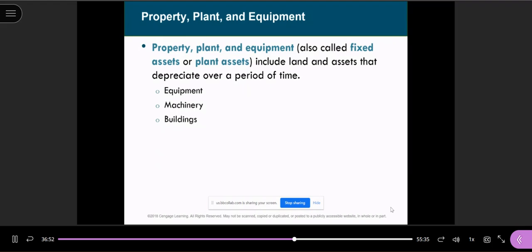After that, we would list whatever we have in terms of assets. Followed directly below each asset would be their accumulated depreciation. So if I have these three assets that we see here, I'd list equipment, right below it, the accumulated depreciation for the equipment, machinery, less the accumulated depreciation on that machinery, buildings, less accumulated depreciation on that building.